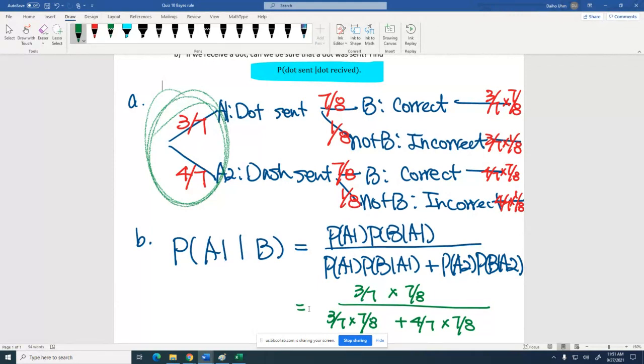So now you can say it is the probability A1 and B. I think already you did the multiplication, right?